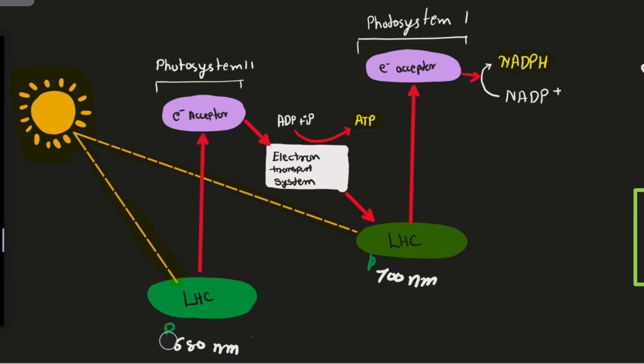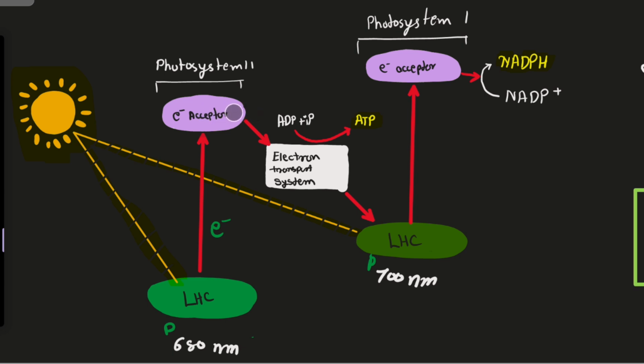First, starting with photosystem 2, by absorbing the radiant energy, it releases its electron, which is grabbed by the primary electron acceptor of photosystem 2.